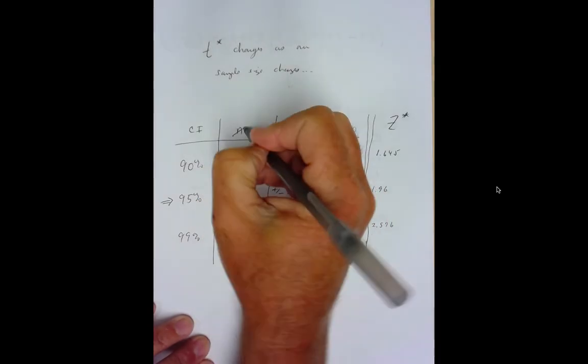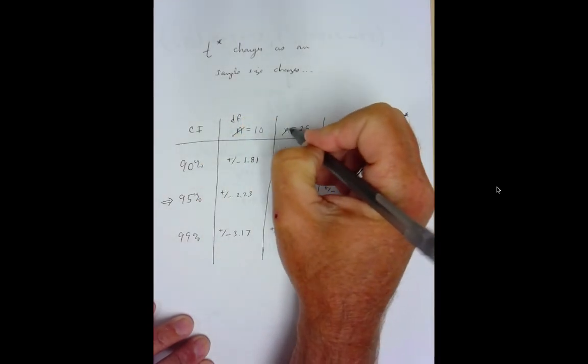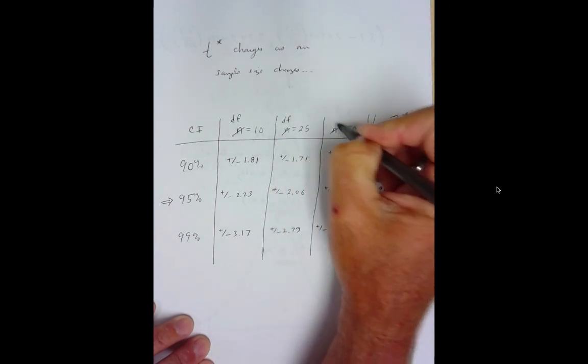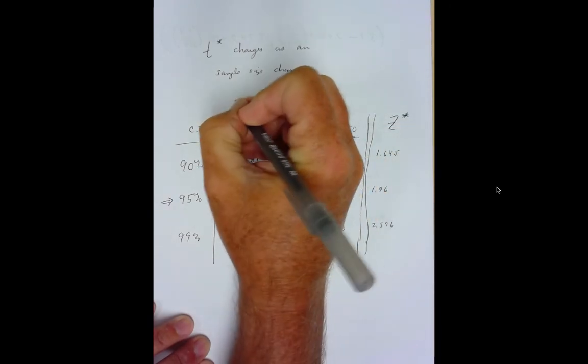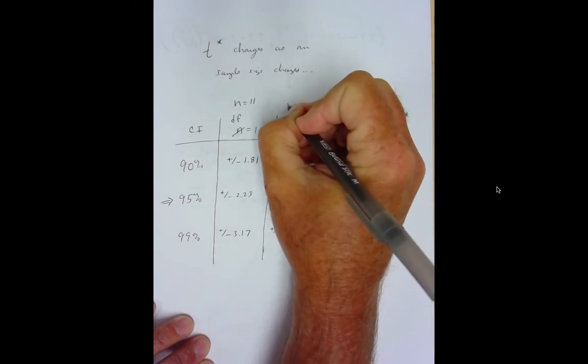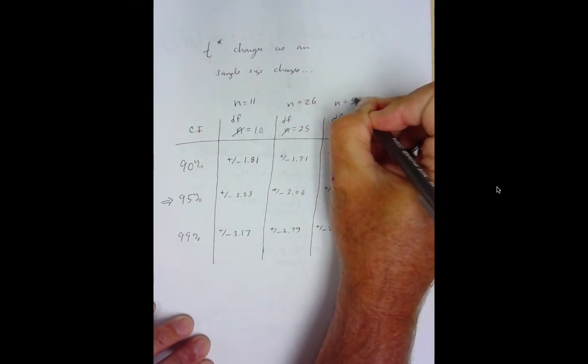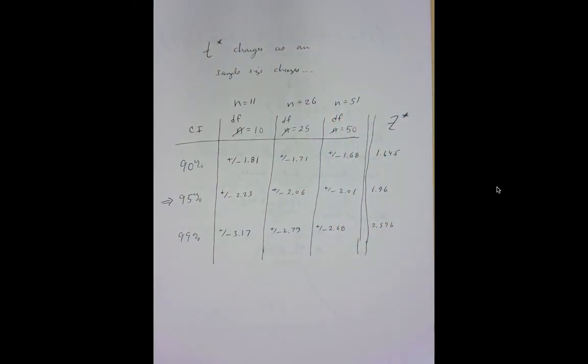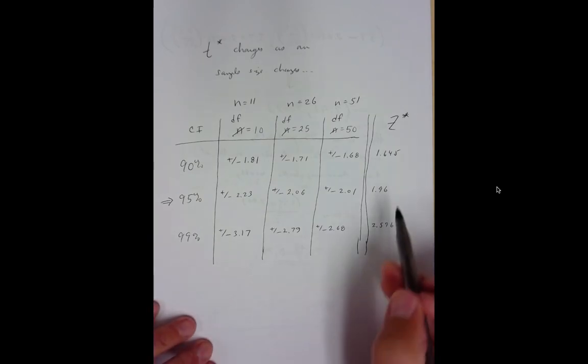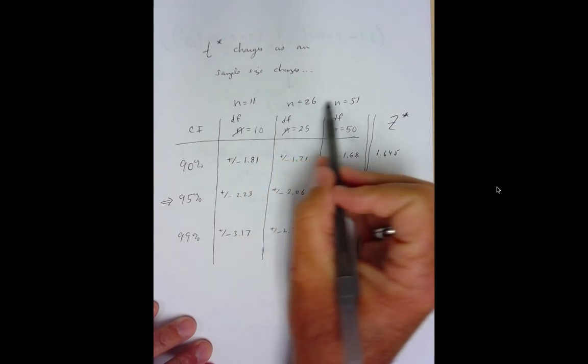Actually, guys, I messed up there. This would be degrees of freedom, the way I calculated it. So sample size would be 11, sample size would be 26, and sample size would be 51. I hate that happened, but I don't think it justifies completely redoing the video, because you're expected to watch all the video anyway.